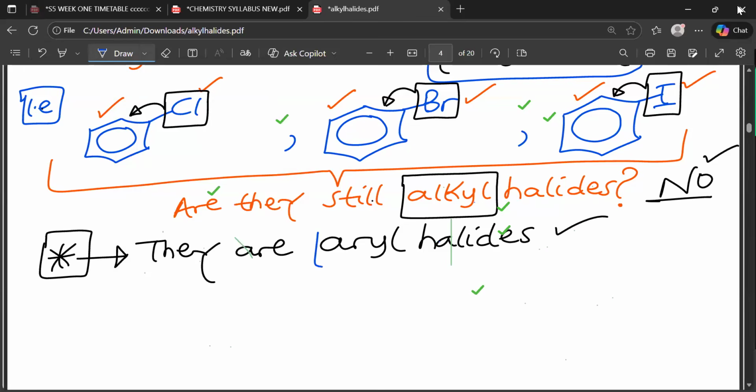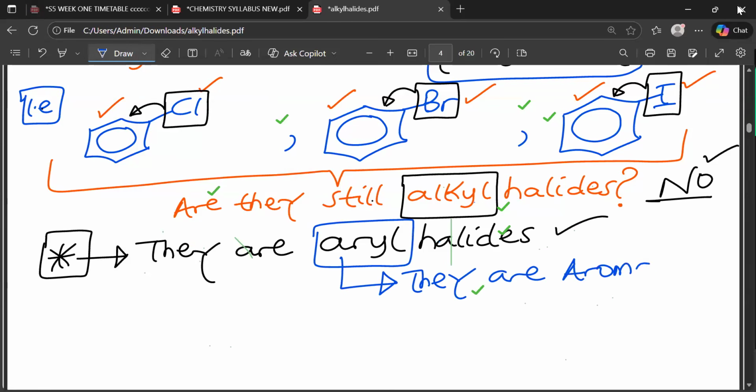Someone may ask, why are they really called this? Why aryl? Where does it even come from? It's simply because they are aromatic compounds. Those of you who attended the introduction with me, I remember telling you that aromatic compounds are those that have a benzene ring somewhere. So those compounds with a benzene ring somewhere and that have the halo groups, the chloro, bromo and iodo, are aryl halides, not alkyl halides.